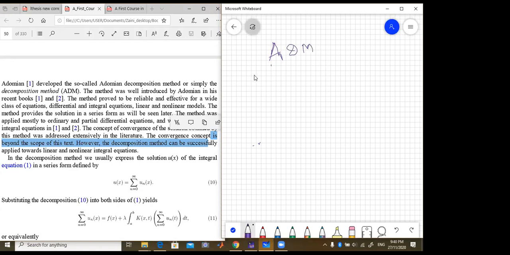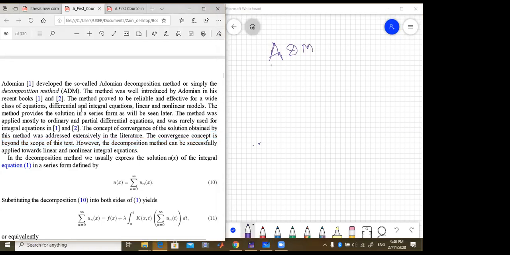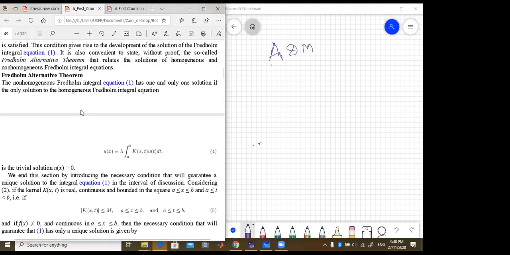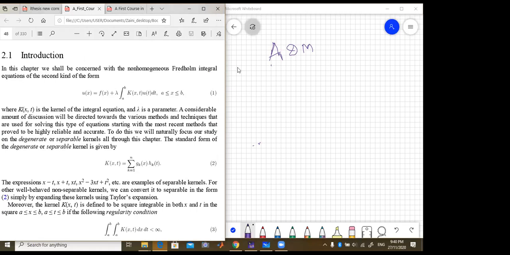So our main equation, actually here in the Kanwal book usually we denote g of t, but here we denote the unknown function as u of x.